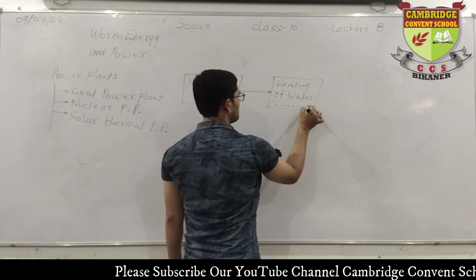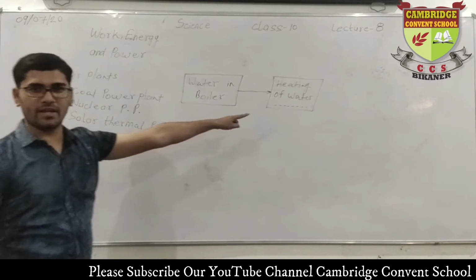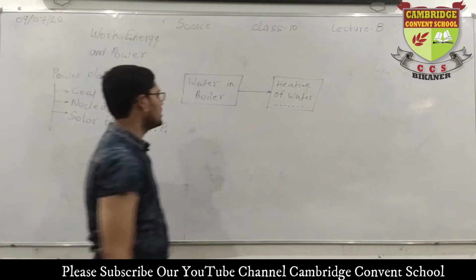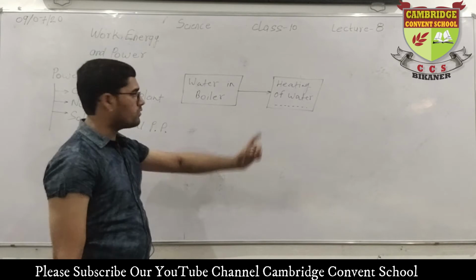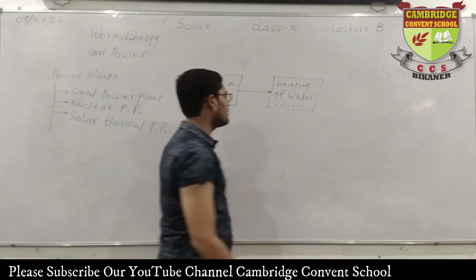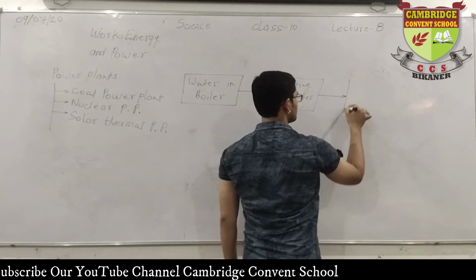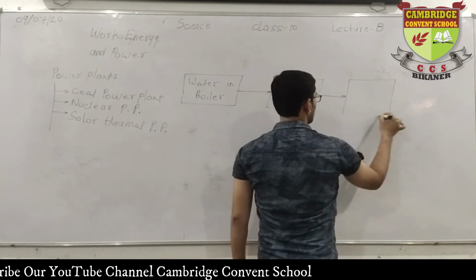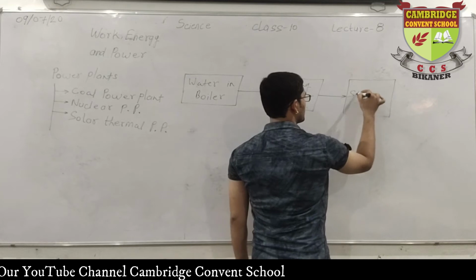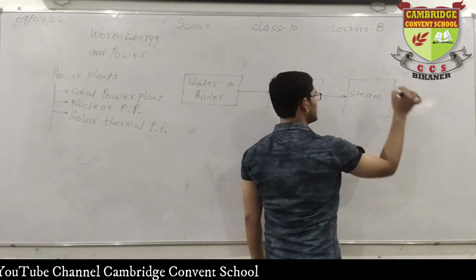Now I am leaving a blank here, a blank to be filled in. I will explain it. There was a huge amount of water in the boiler, then the heating of water took place. What after this? Water got converted into steam.